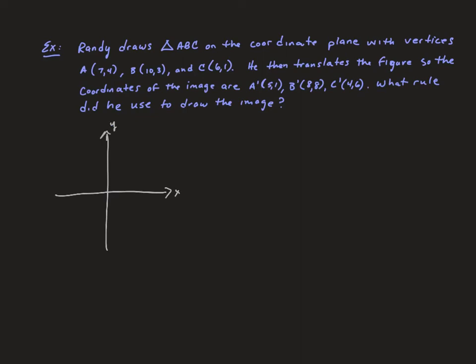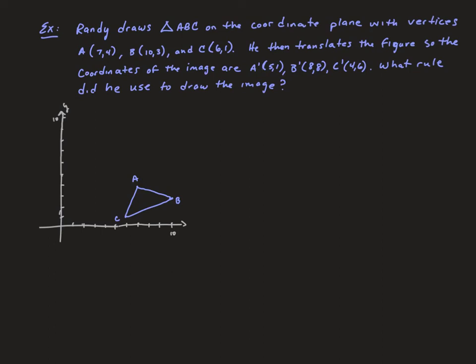Okay, I've drawn my pre-image and I've included my vertices here. So I've labeled my point A, my point B, and my point C, and of course using these coordinates for my vertices. And then he translates the figure, so here's my new image, right? And if we take point A, I'm going to graph these in yellow. So A1 is going to be 5, 1.